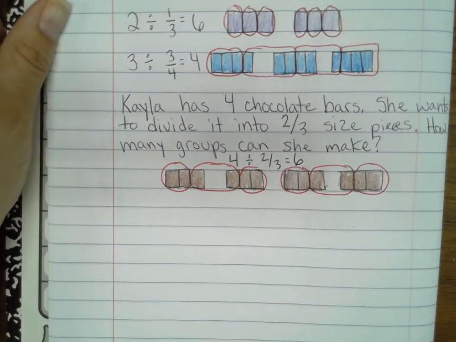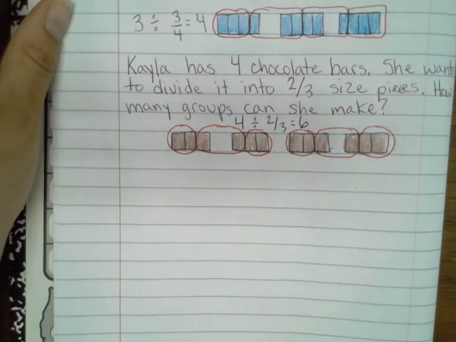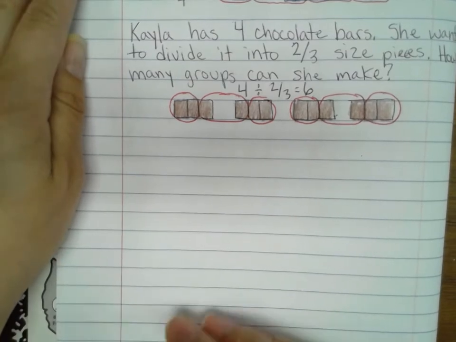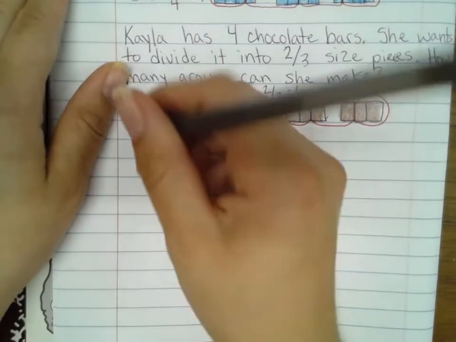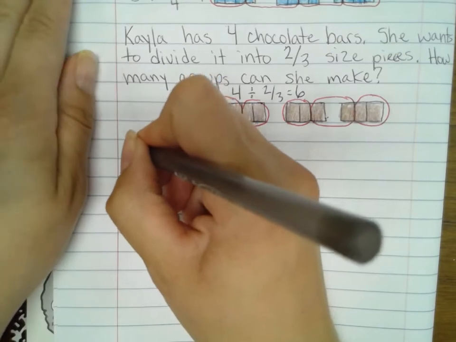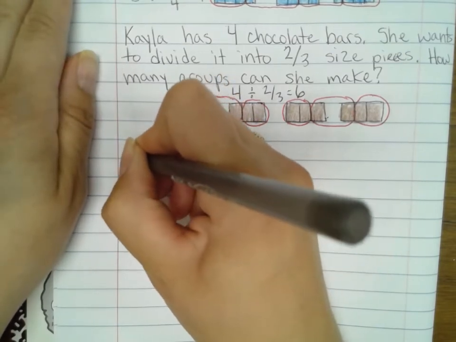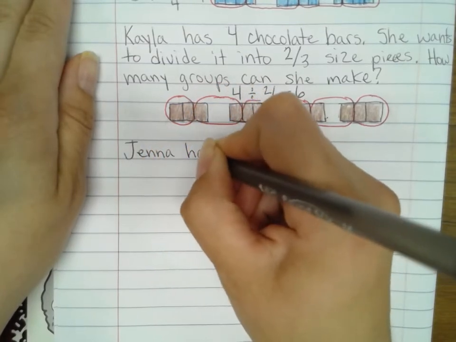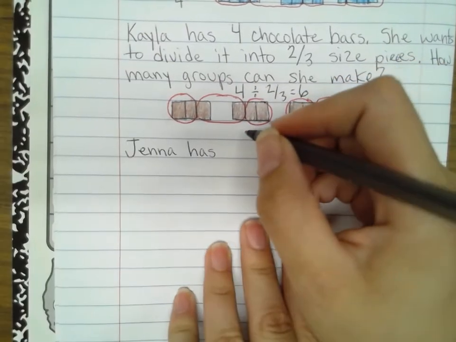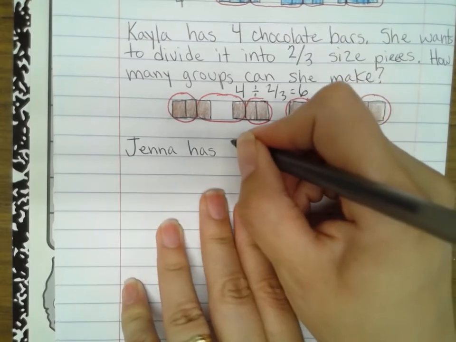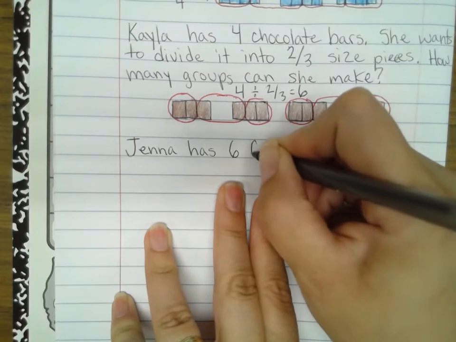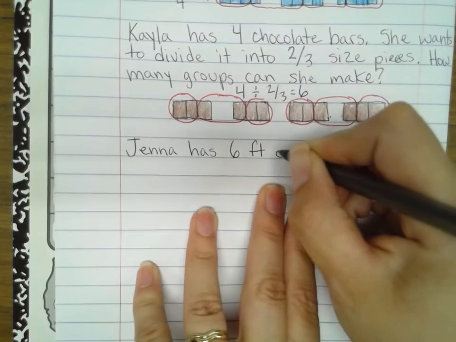Okay, now some of these don't always turn out so nice and even, so we're going to try another problem. Okay, skip one line and I want you to write the story problem. Jenna has 6 feet of rope.